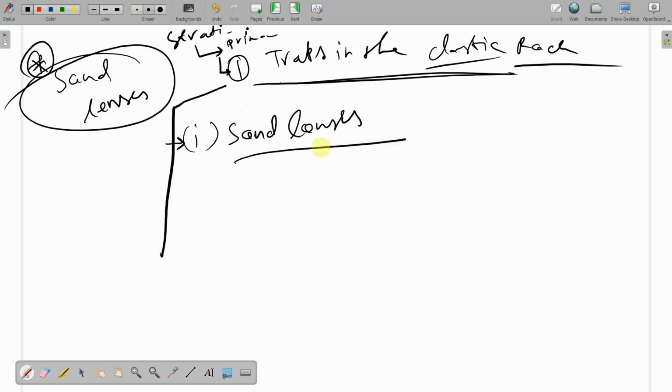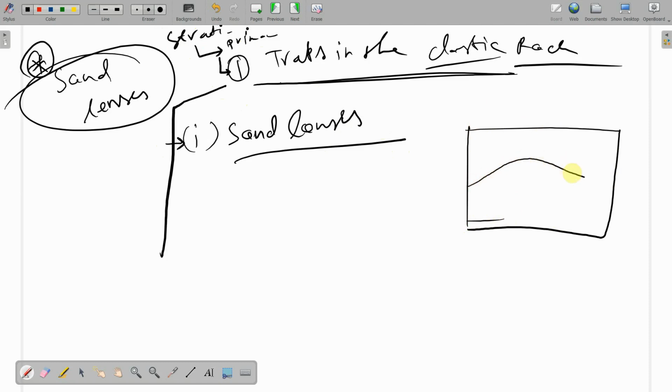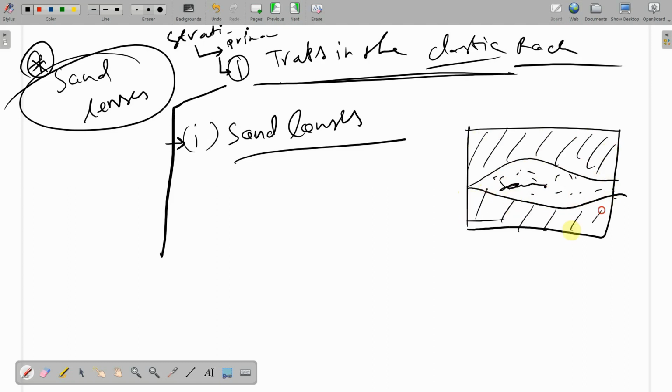When a clay layer is mixed with the sand layer, sometimes you will find that the structure I have drawn is made up of clay, and in between them, that's very common, you find a lens-like structure which is made up of sand, और बाकी ये जो layer है ये पूरा clay है. Okay, and this is your sand. So the fluid can come here and be stored, or this portion can be used as a well trap.